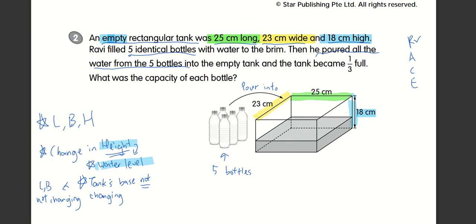And because of the water going into the tank, now the tank becomes 1/3 full, meaning all the water in these 5 bottles contributed to the tank becoming 1/3 full. The most important question asks about the capacity of each bottle.